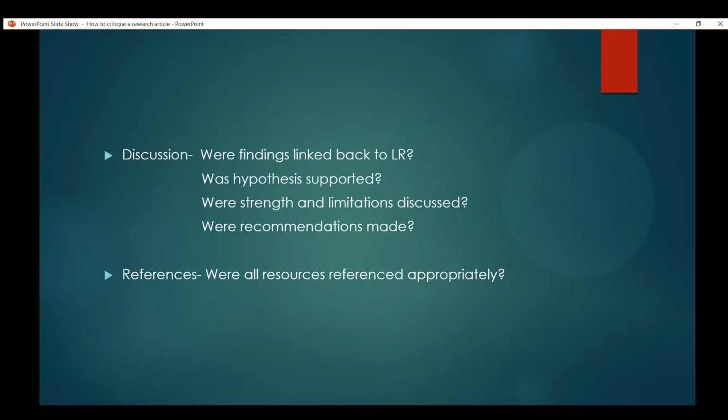Recommendations in this case could be that the researcher or the article could show that, okay, this particular area needs to be researched more, or there's a need for further investigation of a particular area. Those are recommendations that can be made, or even a recommendation for a different topic entirely can be proposed. So were all these included in the research, that would show that the research is extensive and detailed.